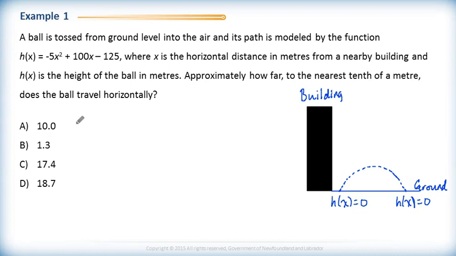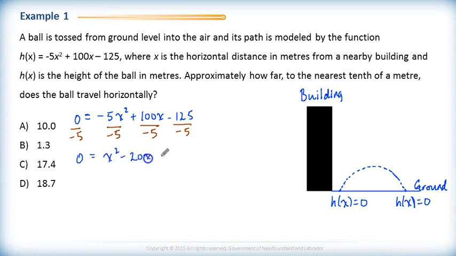The height has to be 0 in order for the ball to leave the ground and for it to land on the ground. So we've got 0 = -5x² + 100x - 125. We can divide everything by -5 to get 0 = x² - 20x + 25.